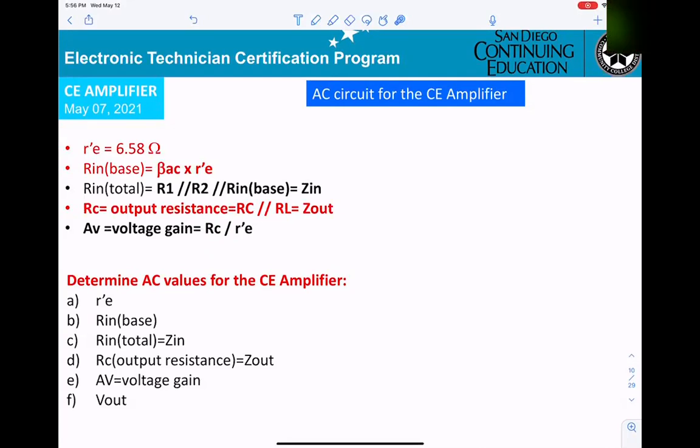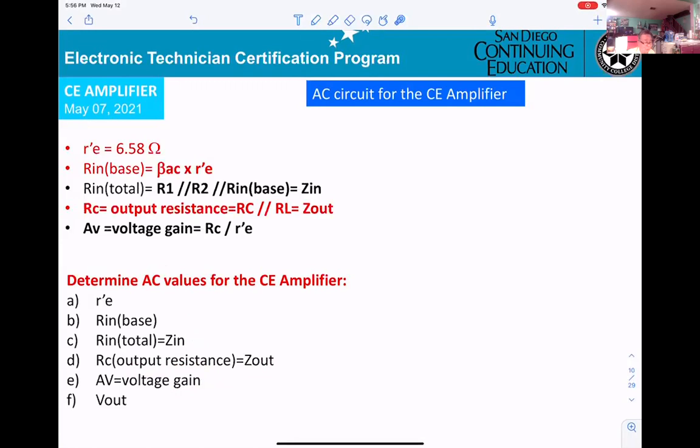And now for the AC, what they want is R prime E. We already know how to calculate the R in base and the R in total. And for RC, here I have to put the output resistance or Z out. AV means the voltage gain, and they also want to calculate the V out.